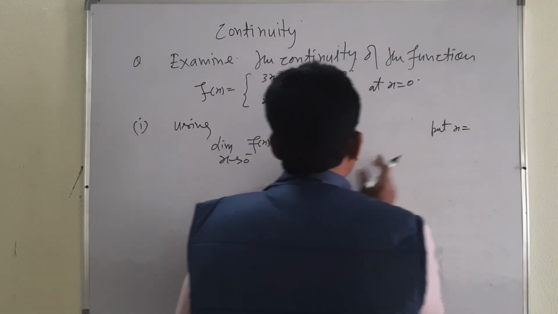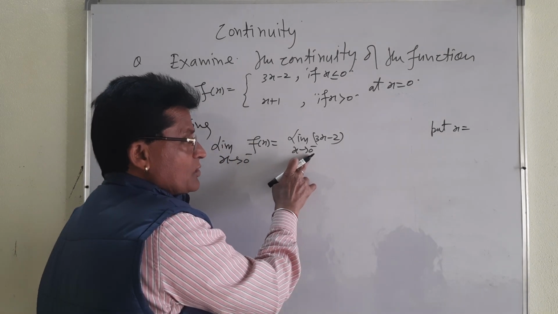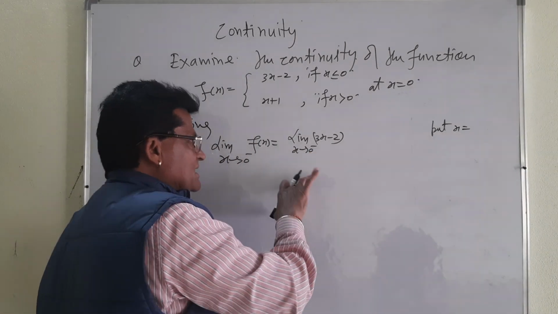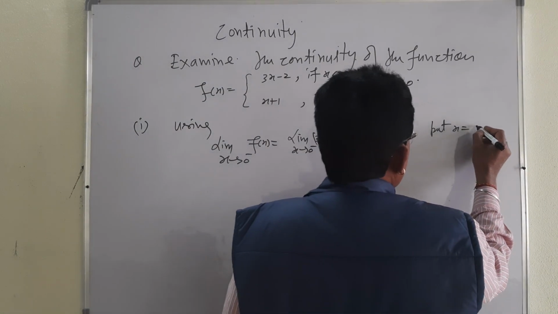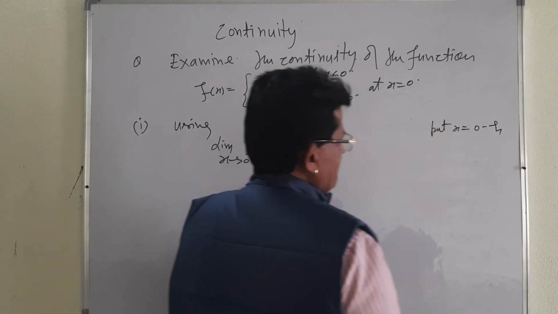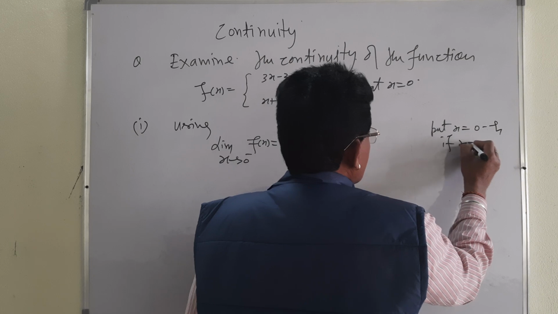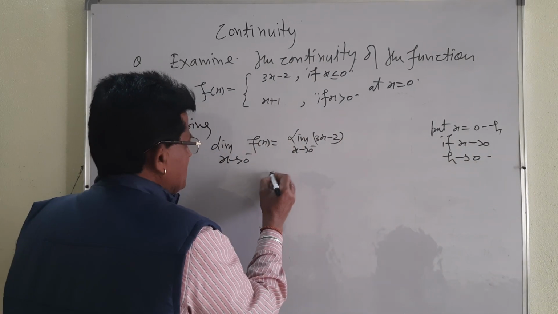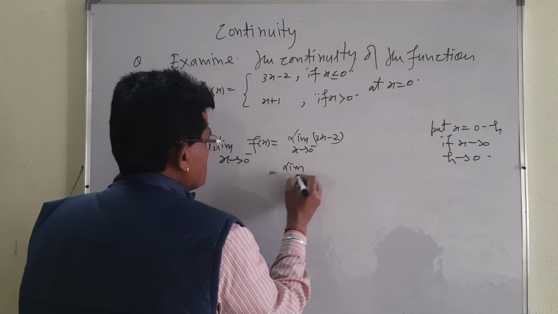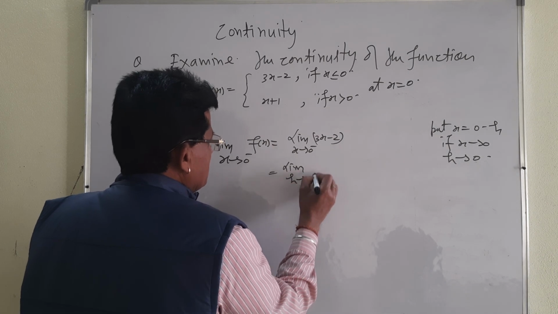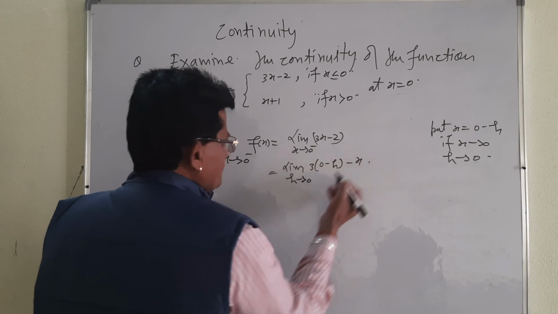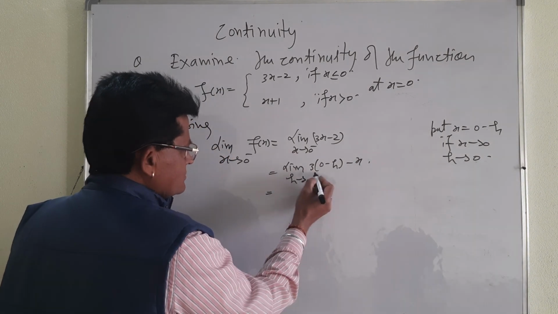But I am going to put the procedure properly. x is not equal to 0, because I told you x tends to 0 means it is not equal to 0. There may be a less value or a greater value. That may be 0 minus h. If x tends to 0, then h tends to 0. Let me take limit h tends to 0, 3 in place of x, you write (0 minus h), because you will get the same value.